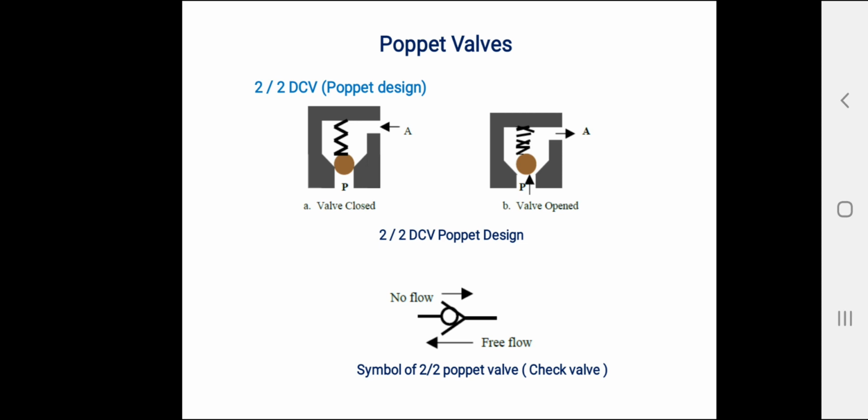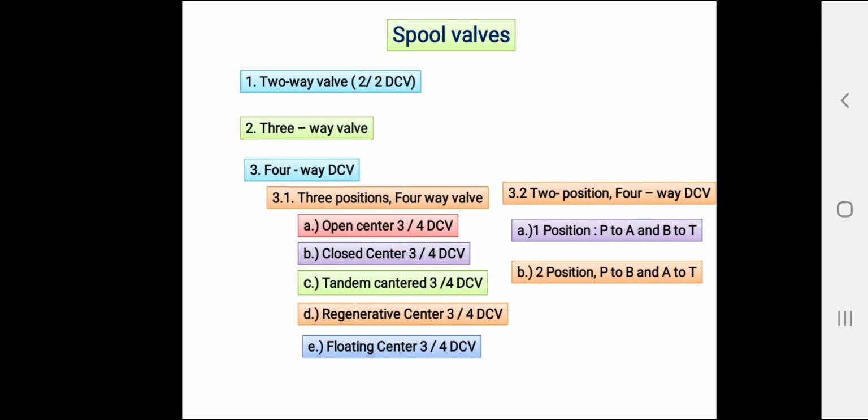The second direction control valve is the spool valve. The spool valve is again classified into two-way valves, 2x2 direction control spool valves, then three-way valves, and four-way valves.